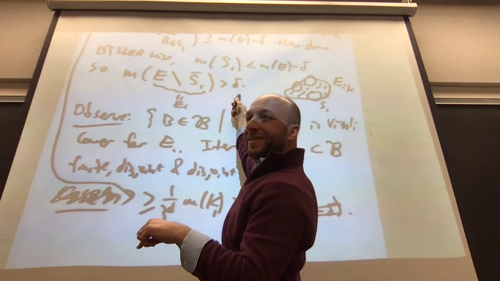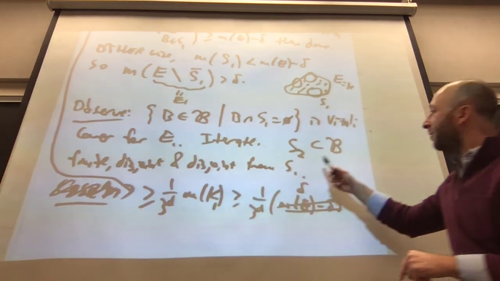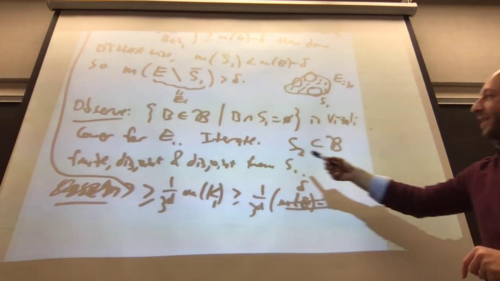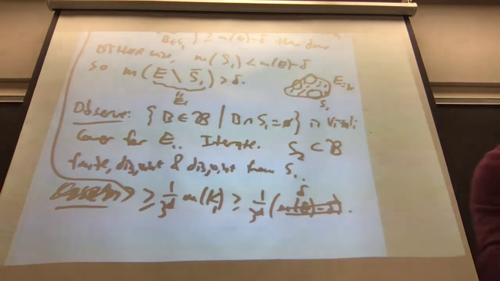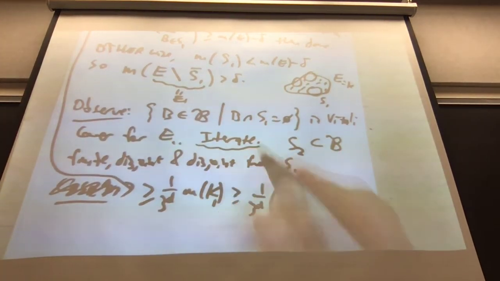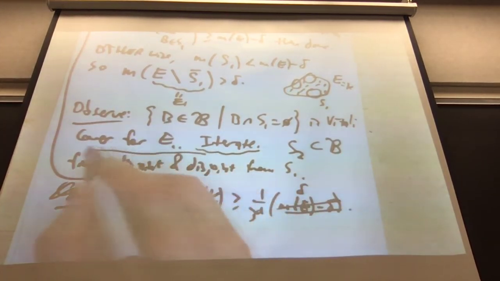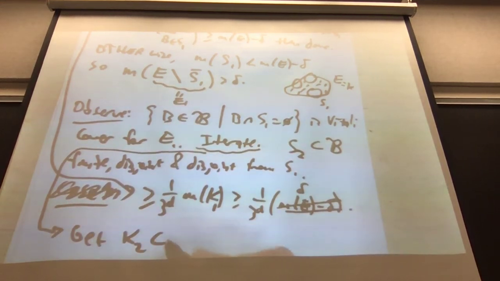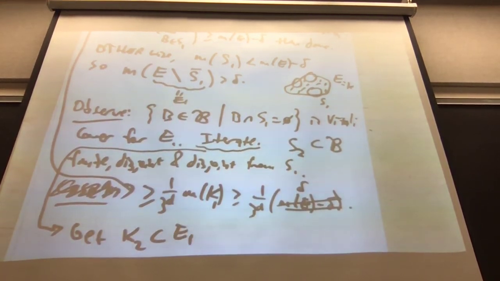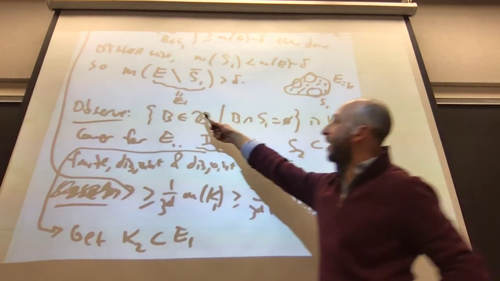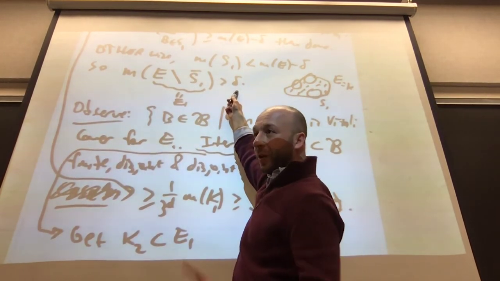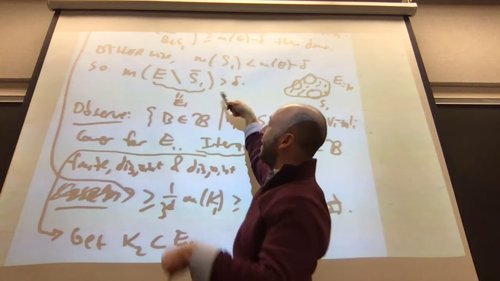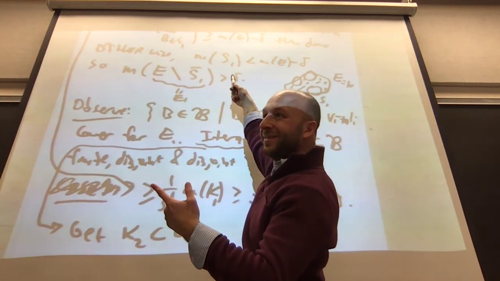So now you get a compact subset whose measure is at least delta. So that'll be K2. So let's flesh out this iterate a little bit. What do I mean by iterate? Get a K2 compact subset of E1. E1 has measure at least delta, strictly, because it's the otherwise case.